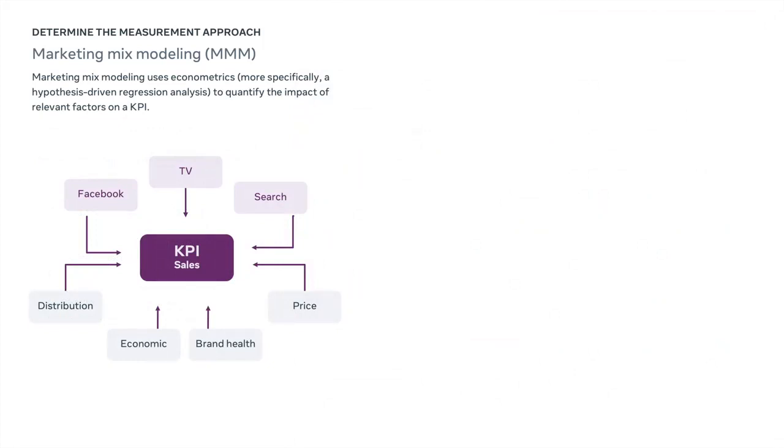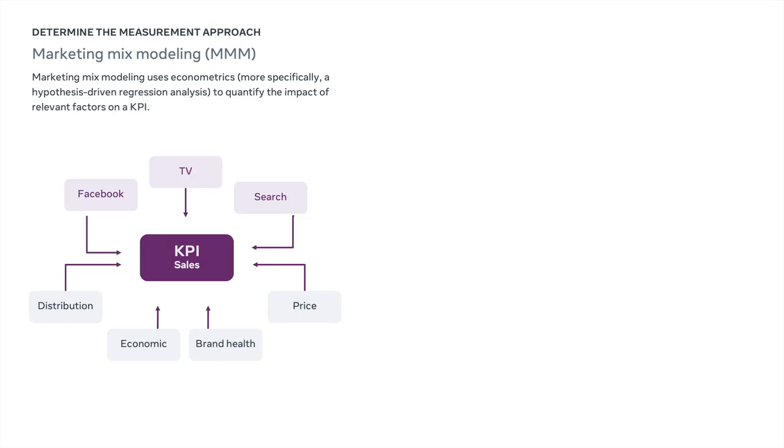Marketing mix modeling is a mathematical equation that shows the statistical relationship between variables and a KPI. At a high level, the equation looks like this. Your key performance indicator at the time you want to model is equal to the base performance, or what performance would be if all other factors were at their minimum, plus the coefficients.